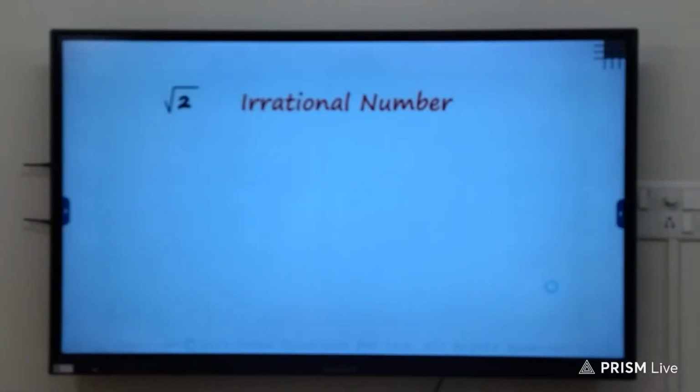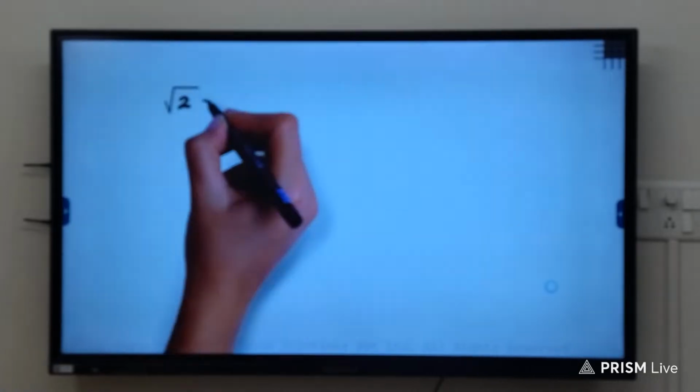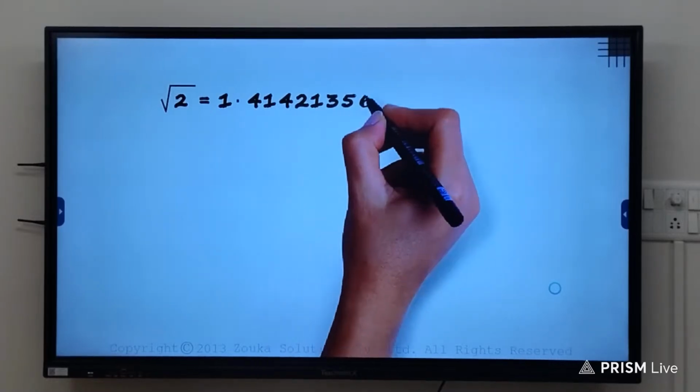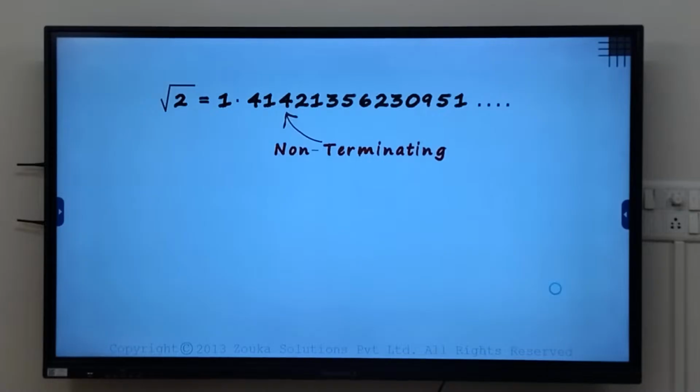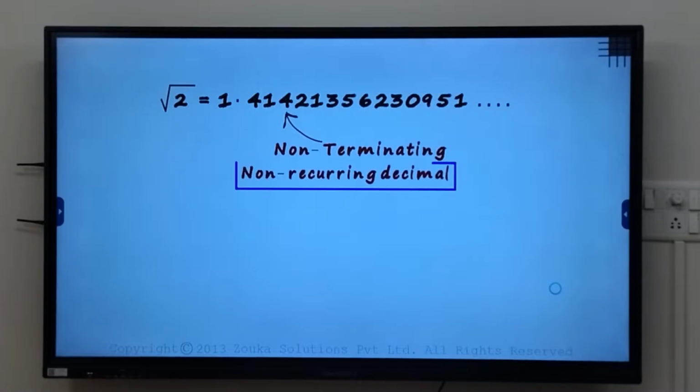Now we know that square root of 2 is an irrational number. It is never ending. Also, you will not find any pattern in the digits after the decimal. Hence, it's also called a non-recurring decimal. There is no pattern that occurs again and again.